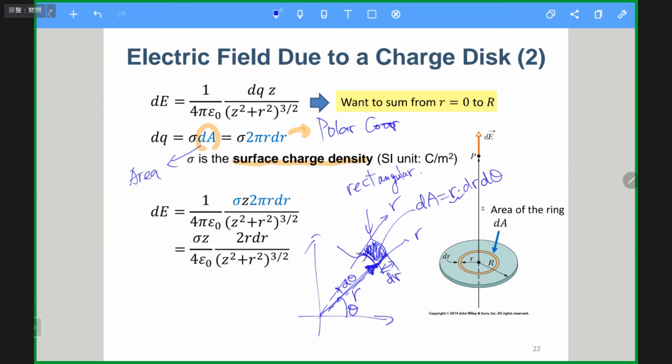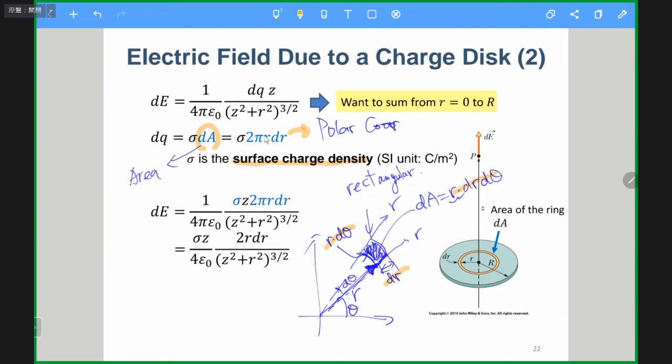The width will be r times d theta rather than d theta, because d theta is just an angle. This is a length. So this is the width, r times d theta, and this is the height, dr. So this one multiplied by this one will be the dA.